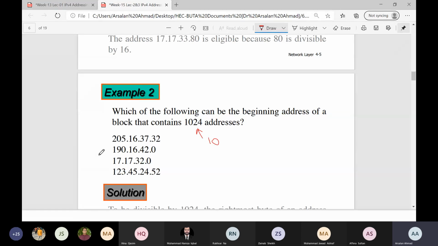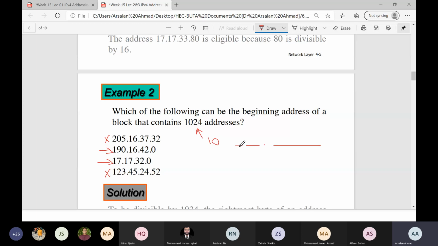So if you want to stay in decimal and solve it, these two are immediately wrong answers, because the last octet is not 0. 1024 is greater than the number of addresses in one octet, so the last octet should be 0. So one of these two can be the correct answer. Now we know that there are 10 bits. 10 bits means that 2 bits are from the third octet, and the remaining 8 bits are from the last octet. Now the last octet should be 0.